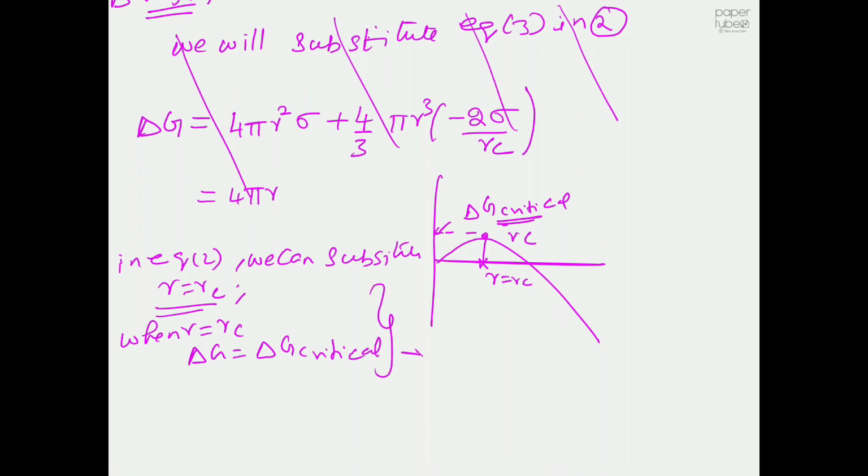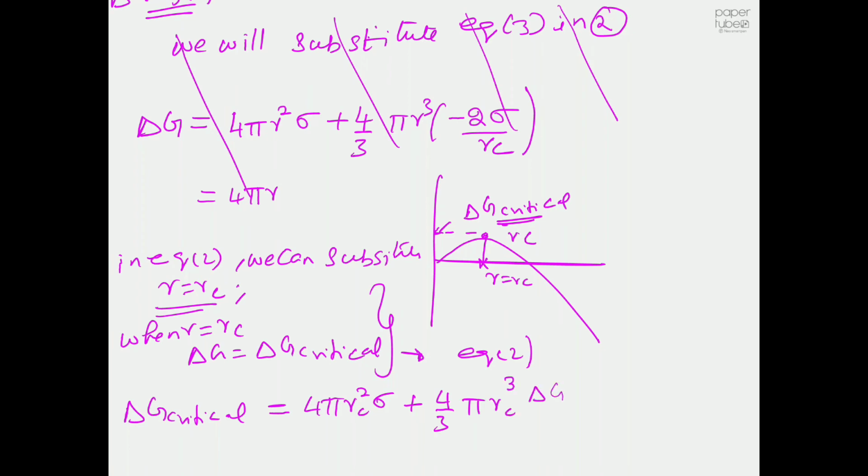So let's put these notations in equation 2. So delta G critical will become 4 pi RC squared sigma plus 4 by 3 pi RC cubed delta G small v. Let's call this equation 5.